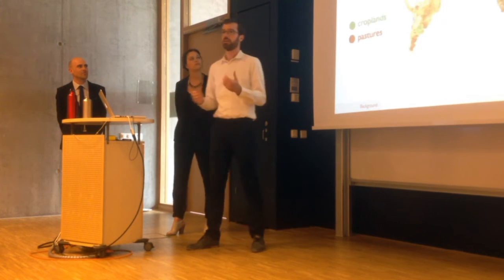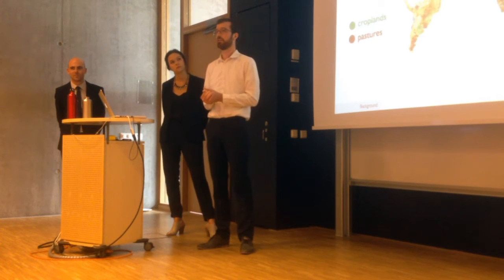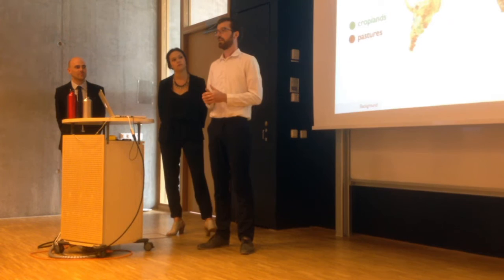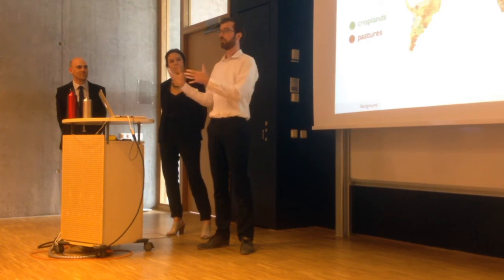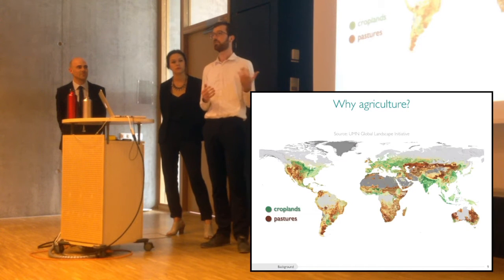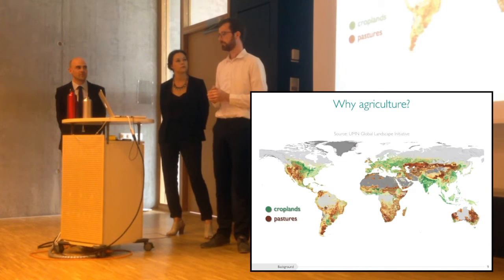Well, why agriculture? Agriculture is a system we have relied on for the last 10,000 years to support humanity. And it is a very important system to us all. It has been able to feed the growing population, but of course also with negative consequences. This slide shows how currently 40% of all land is used to produce food.